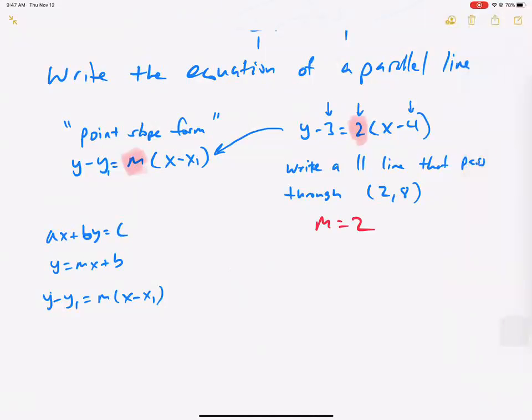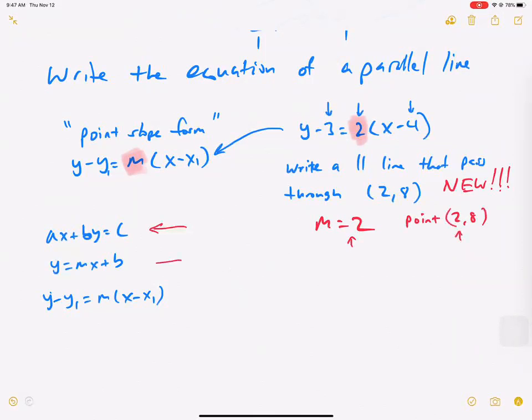What other requirement did they tell us? They told us this new line, right? This is my new guy, new in stores. My new line has to have a point 2, 8. All right. So we have point-slope form right here. Which equation do you think I'm going to use?